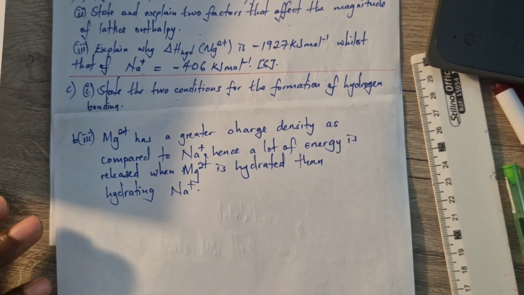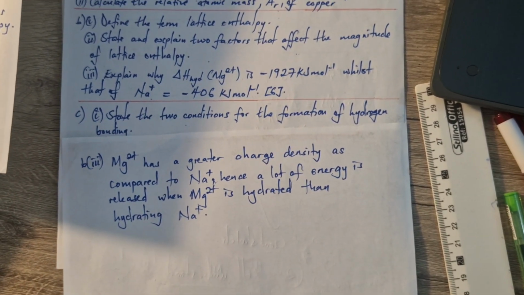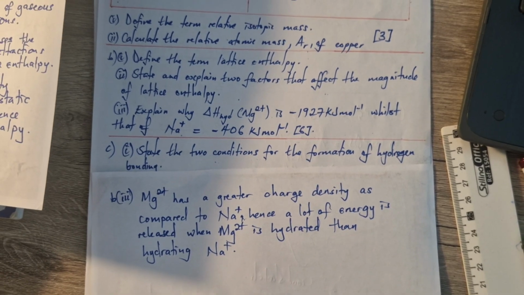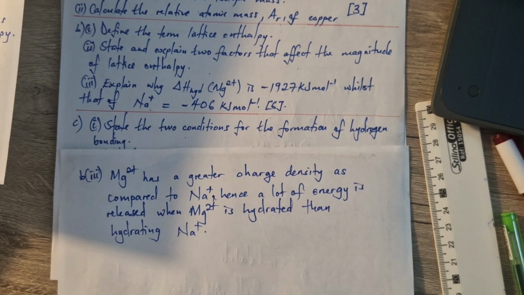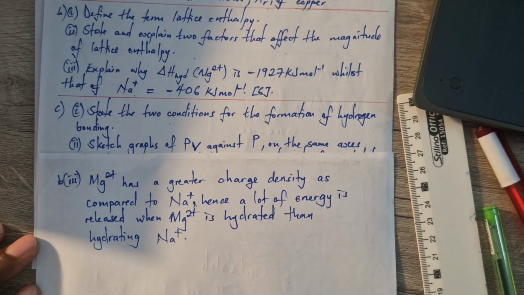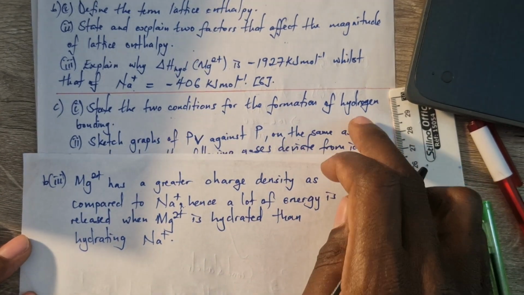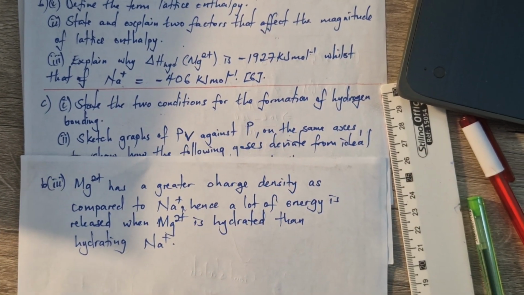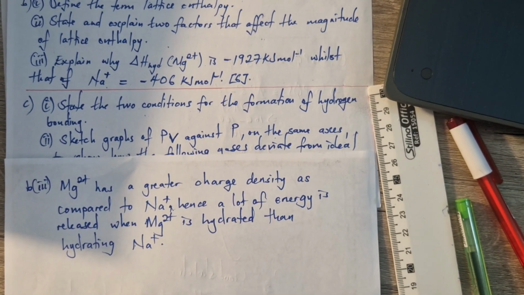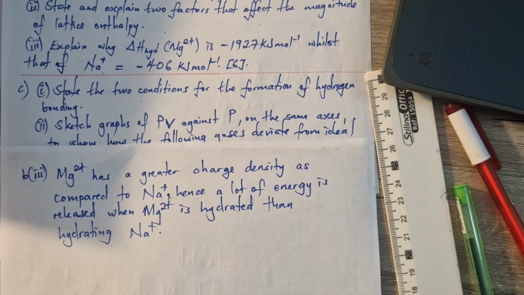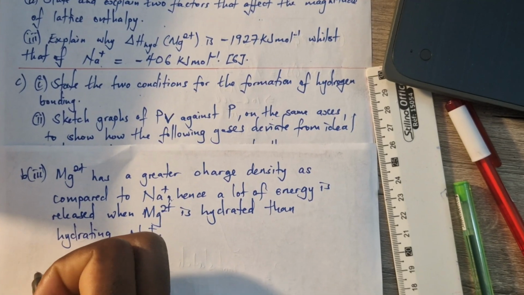Okay, so these are the differences. I just explained the reasons why a magnesium 2 plus ion has a more negative hydration enthalpy than the sodium ion. So for part B we are done. Let's move on to part C.